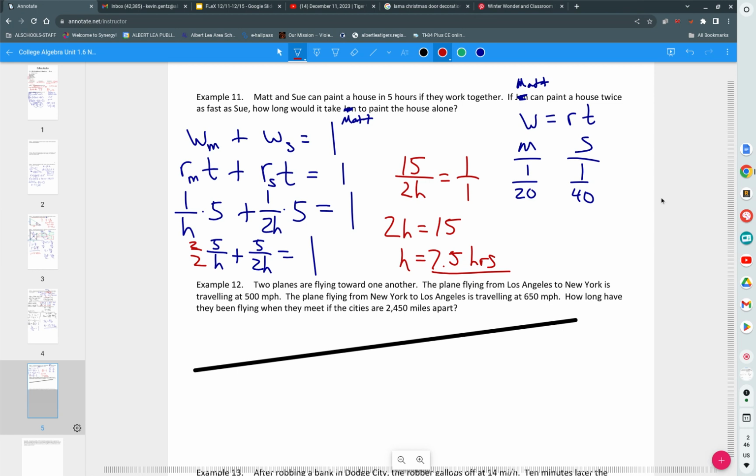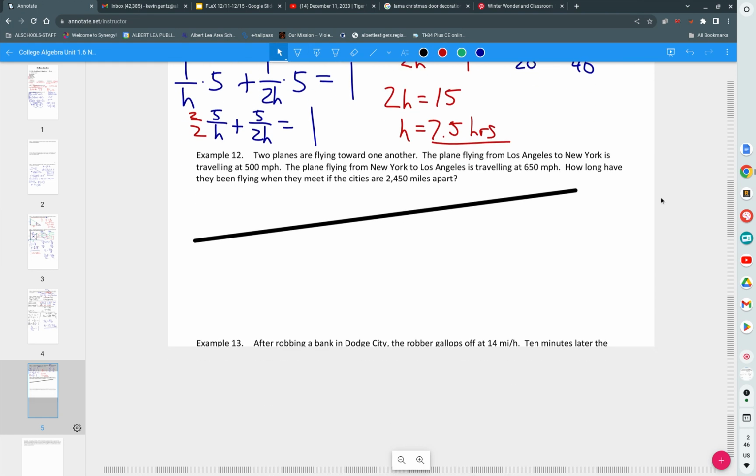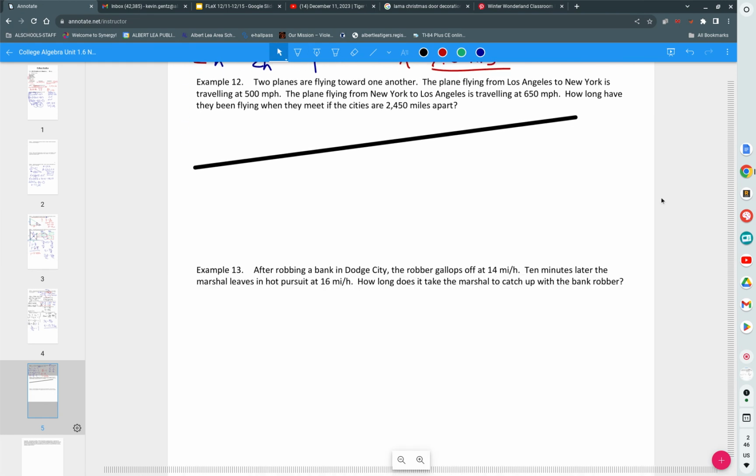Last example for the day. Classic problem about 2 planes flying towards one another. We have one plane heading from the city of Los Angeles, and it is flying at a rate of 500 miles per hour.